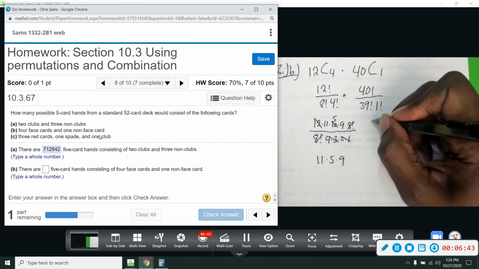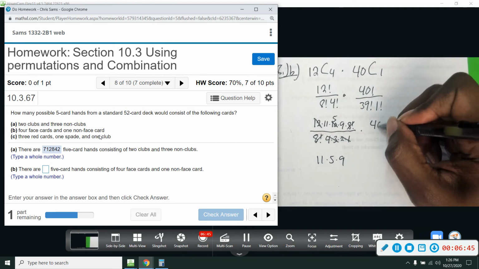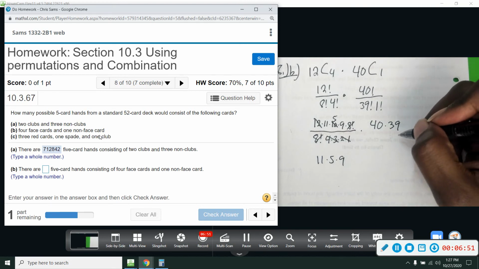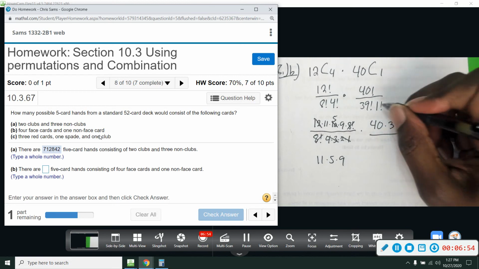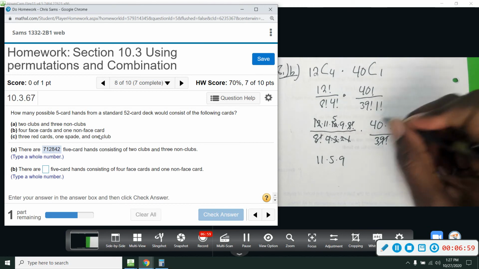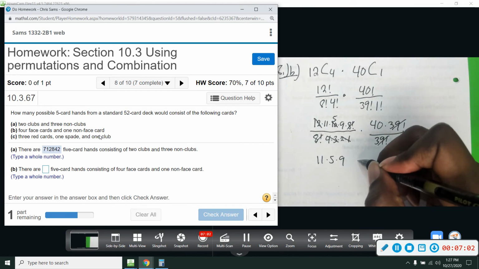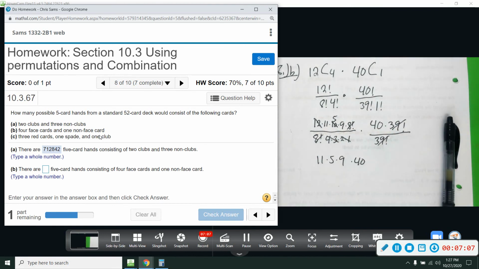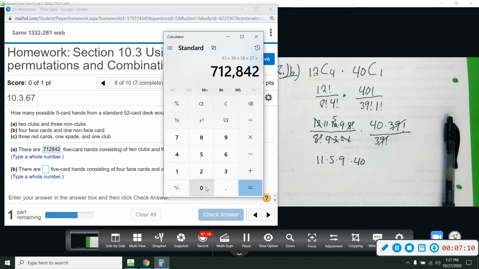Over here we have 40 times 39, and we'll stop there. 39 factorial. 1 factorial is still 1, so we have the 39 factorial. We'll divide out, so that just leaves us with times 40. So 11, 5, 9, 40, that's 19,800.